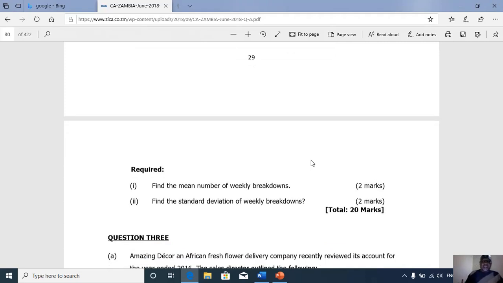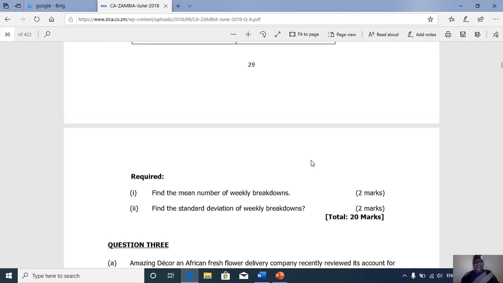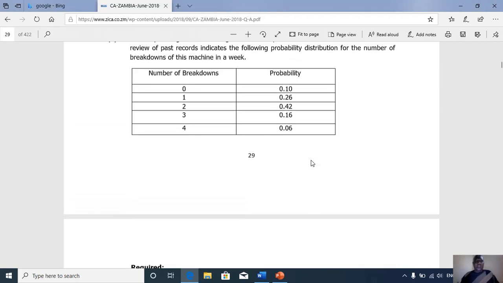Now the mean is the same as the expected value. Expected value for a probability distribution is simply calculated as a summation of x multiplied by probability. So when you get the data in the question, just take the x value, which is the number of breakdowns, and multiply that by the appropriate probabilities.